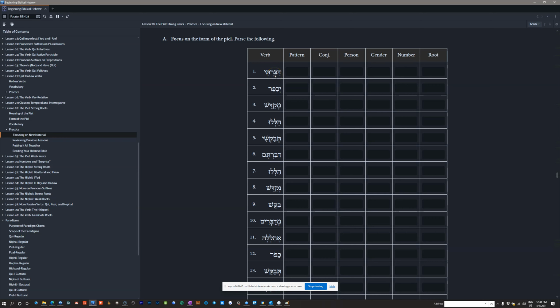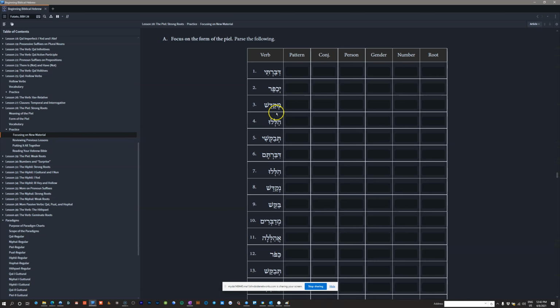The pual form, you would need something like the word to be the subject, but the word was spoken. Pual would be that passive idea. And pual also will have this same beginning, but instead of the A class vowel or the I class vowel in the perfect, it's going to have the U, which is why you go from PL to pual. You get that U sound.